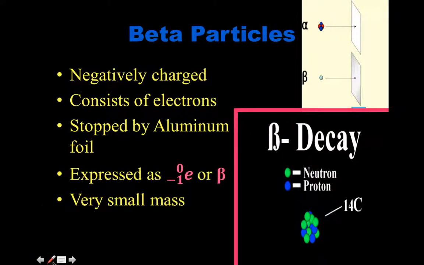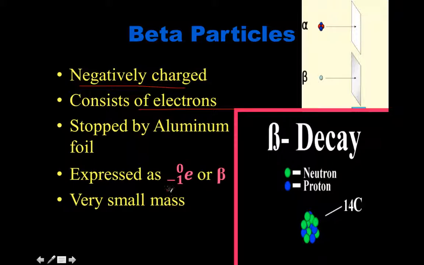Now, a beta particle is negatively charged, and it mainly consists of electrons, whereas alpha particles lack the electrons, beta particles have those. It can be stopped by a piece of aluminum foil, so your Reynolds Wrap that you buy from the grocery store can stop beta particles. It's a little bit thicker, more dense than the sheet of paper.